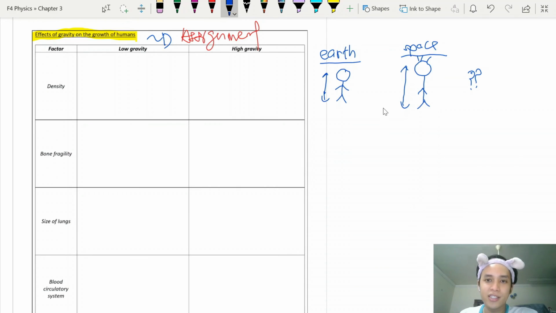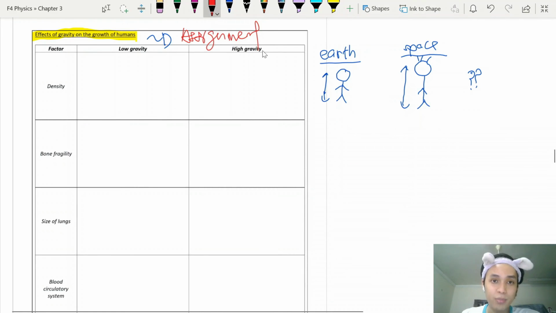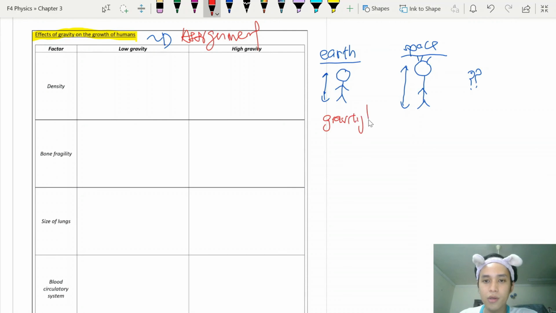Technically it's like this. When you are on Earth, you have gravity pulling you downwards. Therefore, basically your bones cannot actually grow more than what is expected.